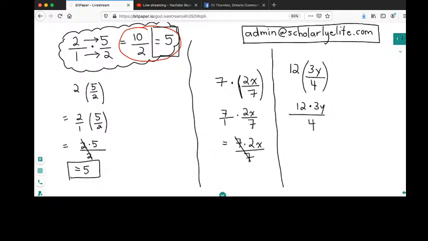And instead of worrying about the whole thing in the multiplication here, what I'm going to ask myself is how many times does 4 go into 12? And that means I'm going to divide 4 into both of these and see what I get. So 12 divided by 4 is 3. The 3y stays the same because I'm not reducing that right now. And then 4 divided by 4 is 1. So my answer here is 3 times 3y, which ends up being 9y. And that's our final answer.